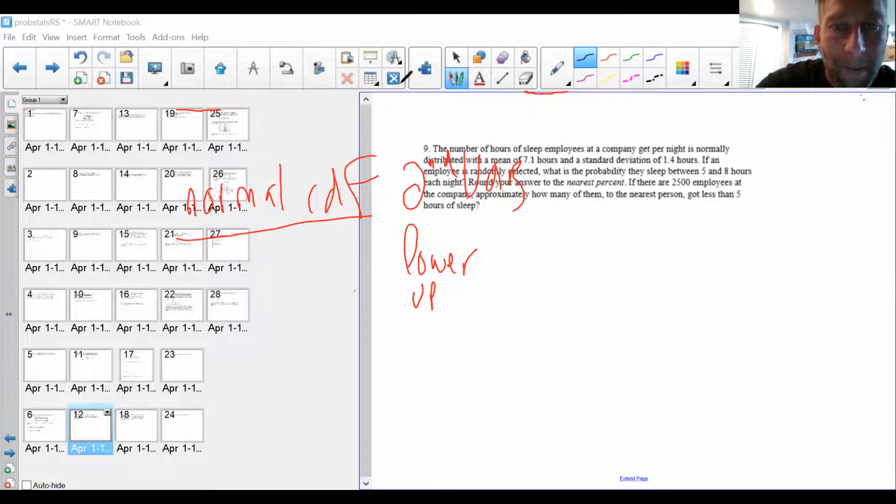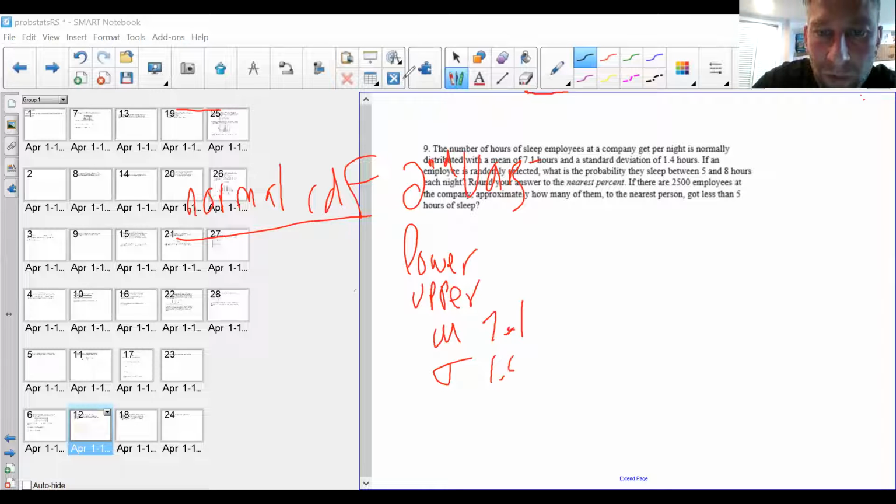Lower, upper, mu, and sigma. It says that the mean is 7.1. That's mu. It says that the standard deviation is 1.4. That's sigma. It says between 5 and 8.